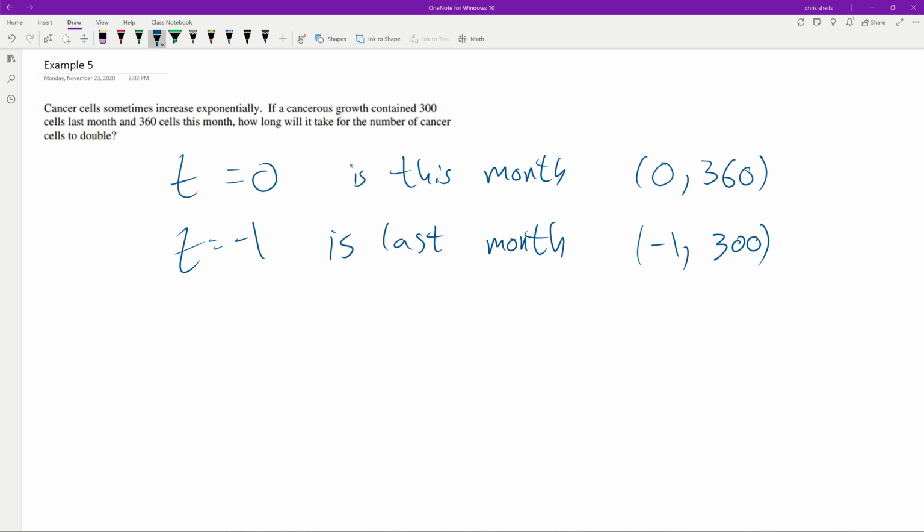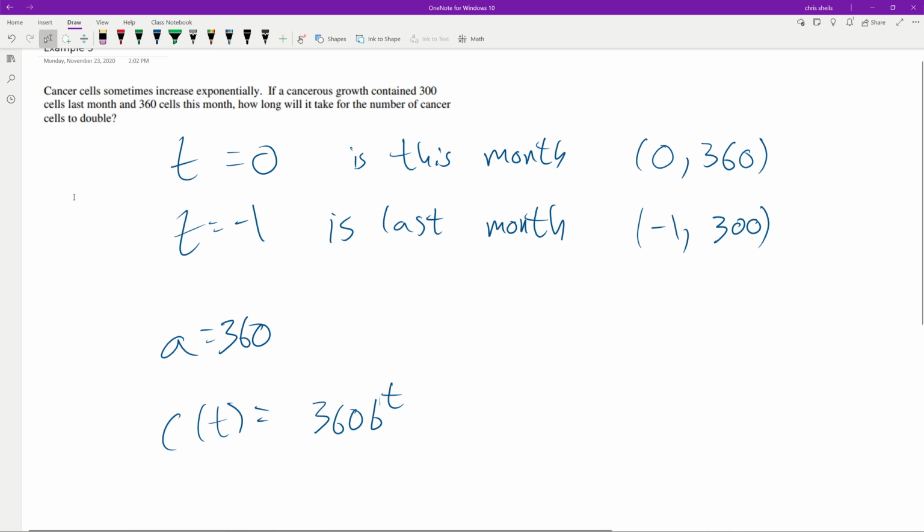We know immediately here that A, our initial value, is going to be 360. This gives us that C of t is going to be 360 times b to the t power.